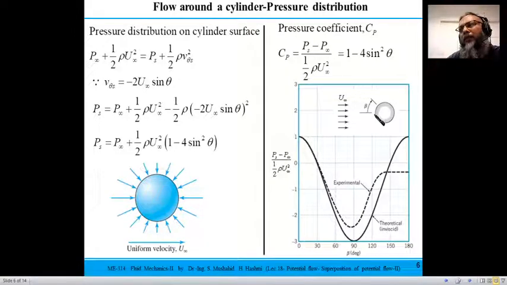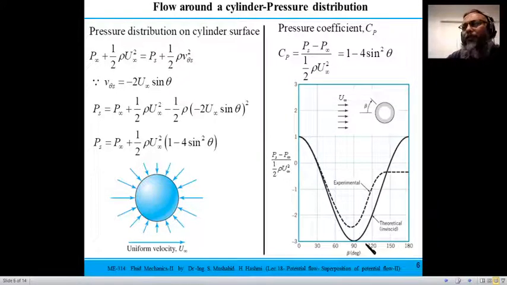Obviously we have plotted from 0 to 180 degrees, so it is actually only half of the cylinder, and similar would be from 180 to 360 as well. So in this diagram it is only plotted from 0 to 180 because the above half is the same as the bottom half.